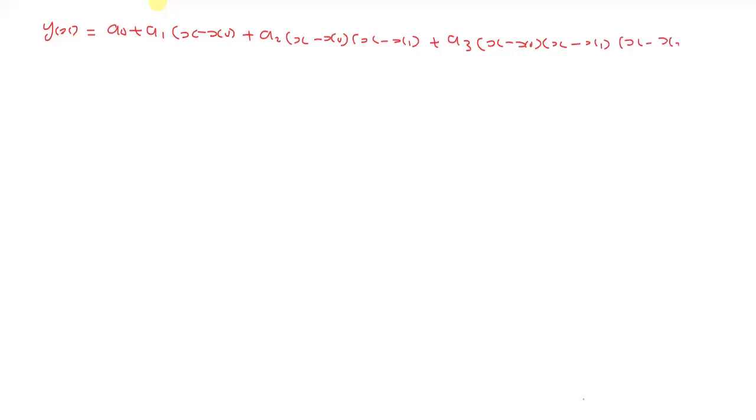A polynomial in Newton's form can be represented by the equation y of x is equal to a naught plus a1 into x minus x naught plus a2 into x minus x naught into x minus x1 plus a3 into x minus x naught into x minus x1 into x minus x2 plus so on, and the nth term can be represented as a n into x minus x naught into x minus x1 ... into x minus x n minus 1.